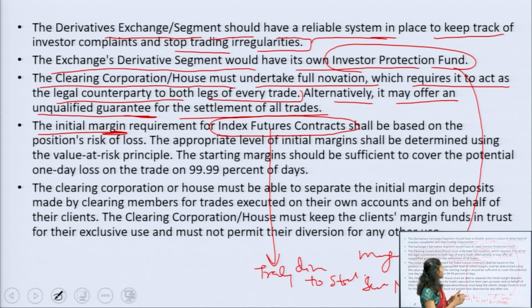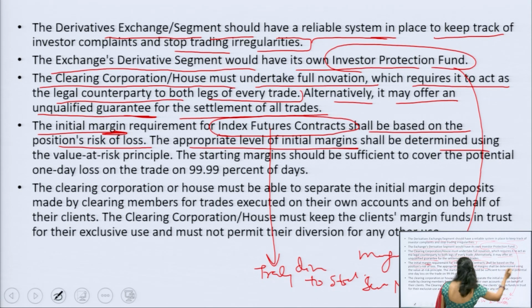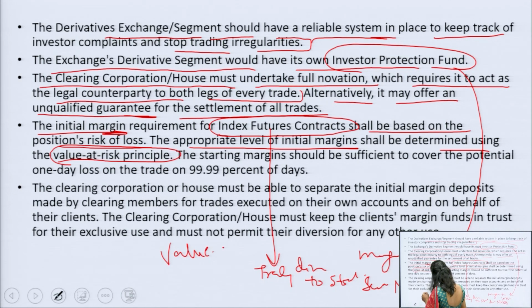So in that case, it shall be based on the positional risk of loss, and the appropriate level of initial margin shall be determined using the value at risk principle. So what is this value at risk principle? When we talk about this principle, it is a kind of formula.